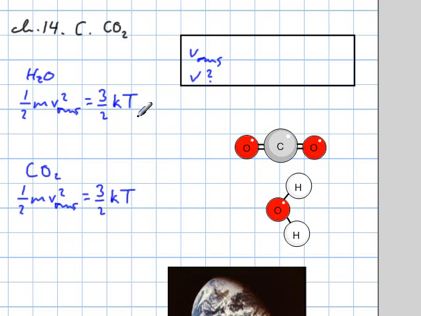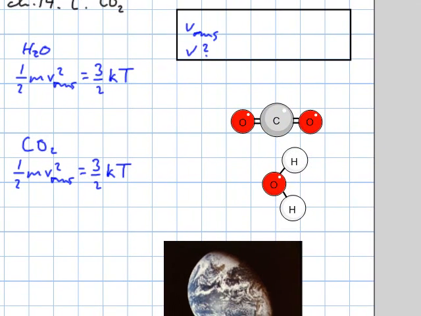So now we would know what the temperature is and plug it in here, and we know what the mass is for the CO2, where on the CO2 we would have a mass of 44 times the nucleonic mass, because each O is 16. 2 times 16 is 32, plus the 12 here is 44. Okay. Anyway, actually I'm going to do the problem here.